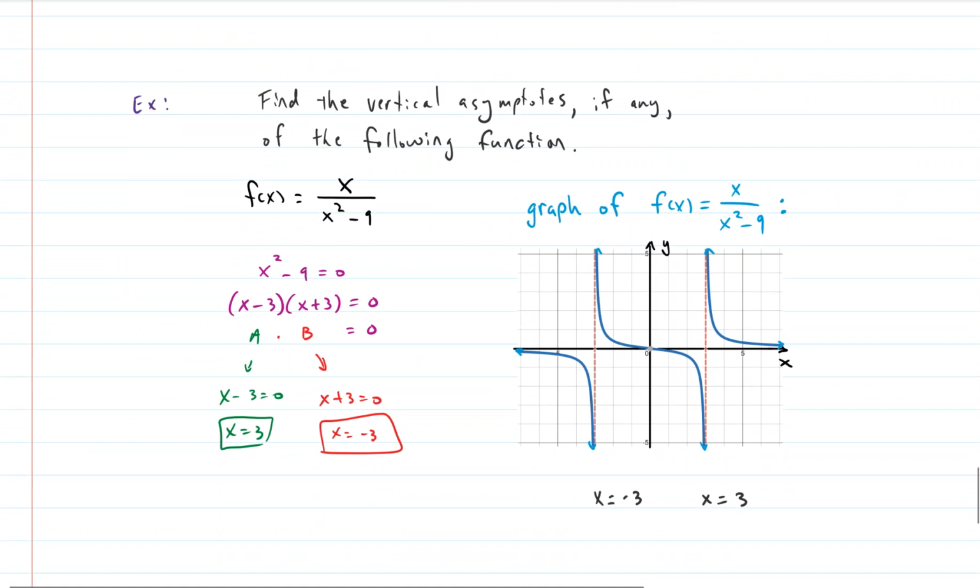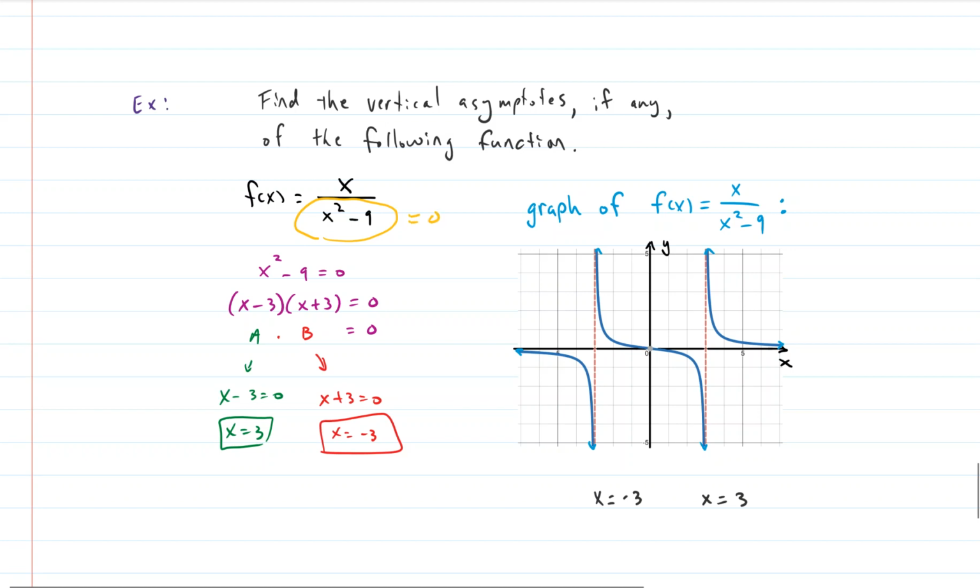All right, let's look at an example of vertical asymptotes. How do we find them? We take the denominator. We have a function here that's f, and that function is x divided by x squared minus 9. So we take the denominator, x squared minus 9, and we set it equal to 0.